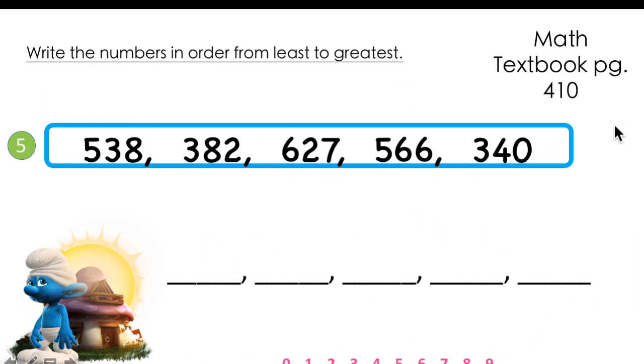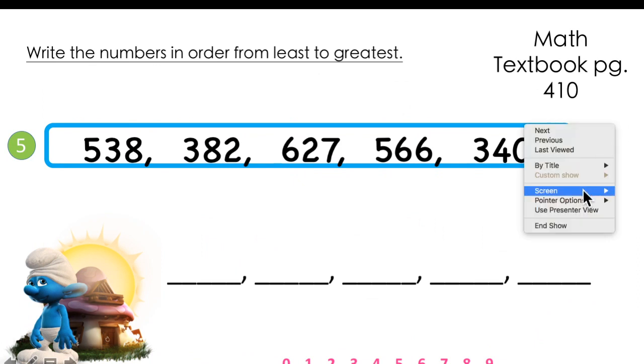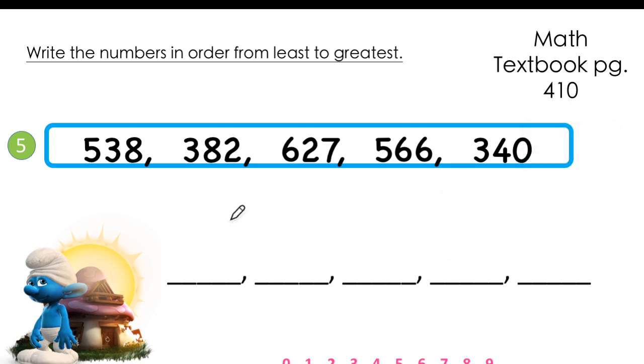Again, we're going to do from least to greatest. First, what will you do? Circle the hundreds digits. 5, 3, 6. Again, we have 5. And again, we have 3. Now let's order them from least to greatest. Do we have 0? No, because in hundreds we cannot have 0. 1? No. 2?